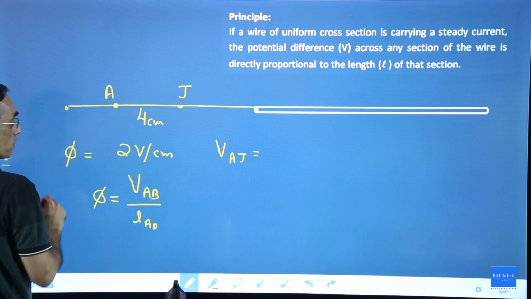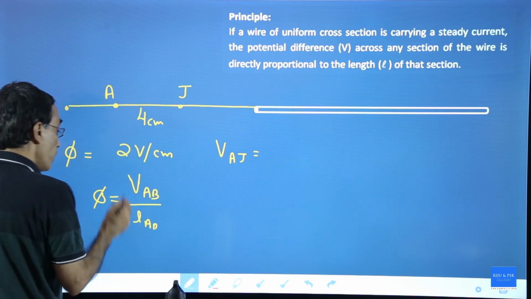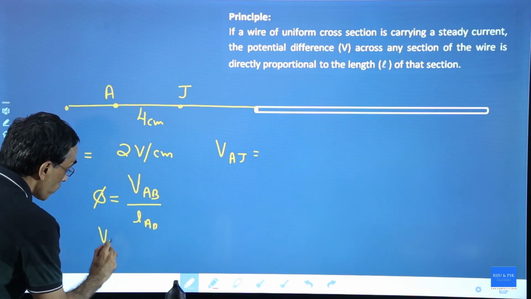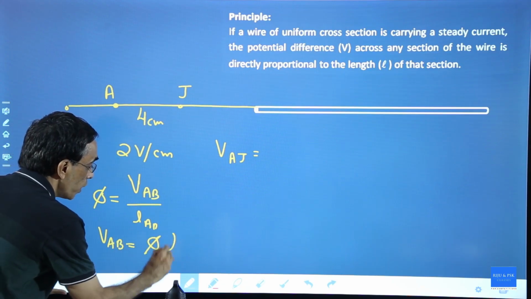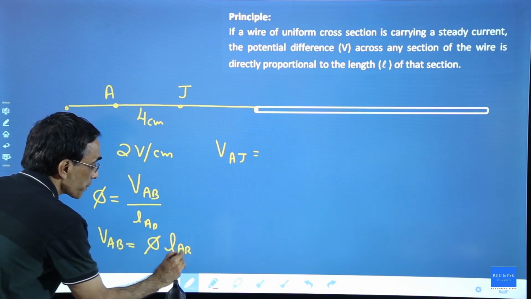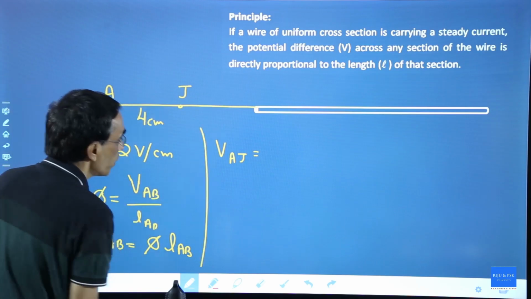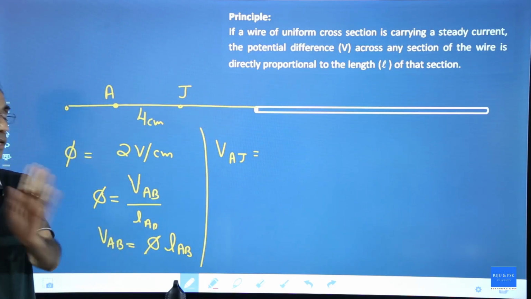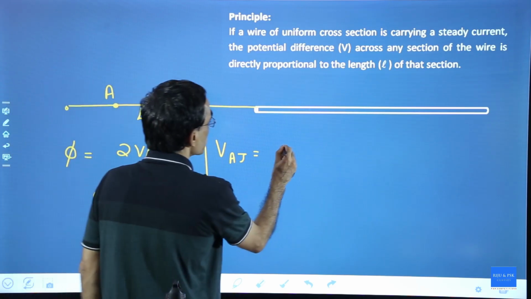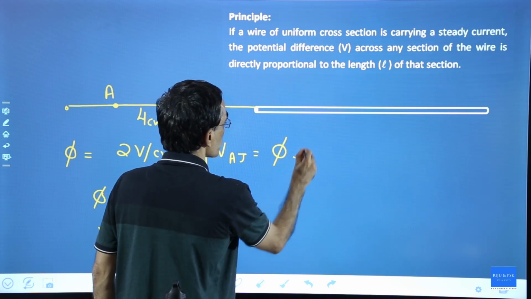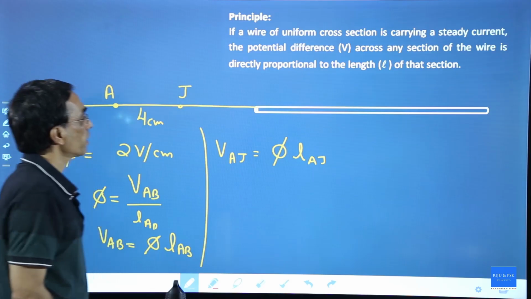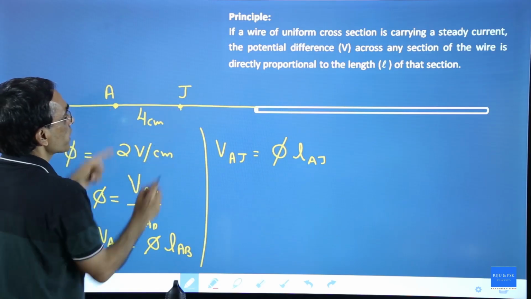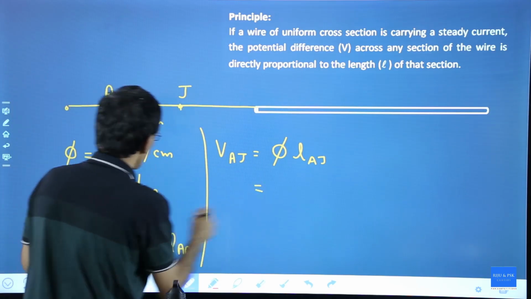So, now what is the equation? What is V between A and B? That is nothing but phi into length between A and B. But I am asking you, what is potential difference between A and J? Then you will tell me, sir, that should be equal to phi into length between A and J. That length is 4 centimeter and the potential gradient is 2.